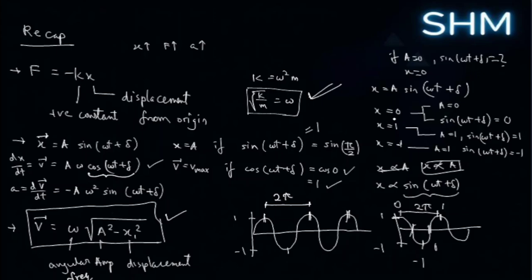A is 0, or sin(omega t plus delta) is 0. You know the conditions. Sin 0 is 0, sin 180 is 0, right? Sin 360 is 0, and so on. So this is all food for thought. You people know it better.